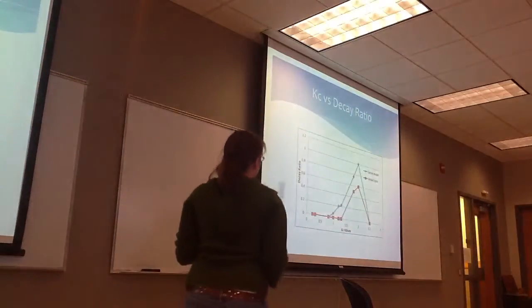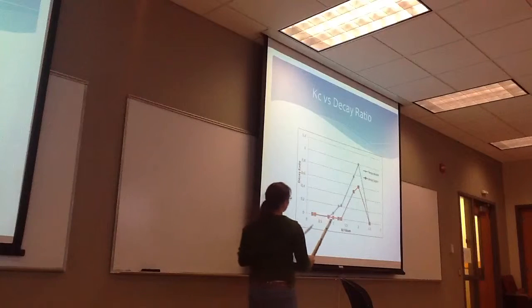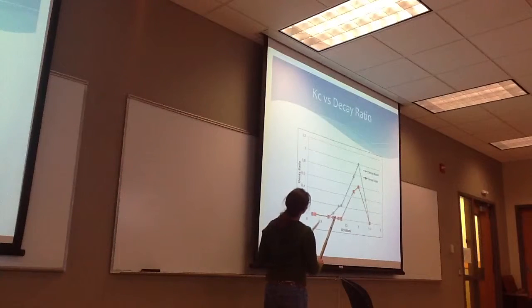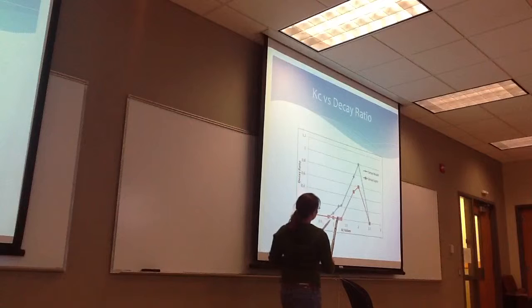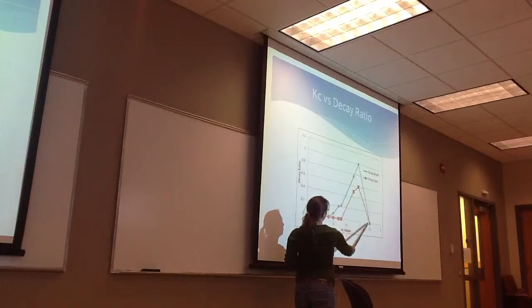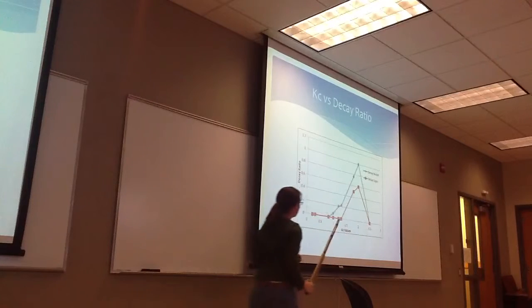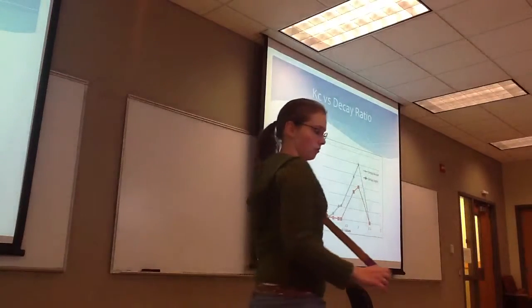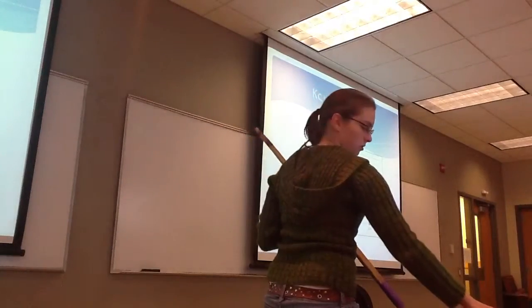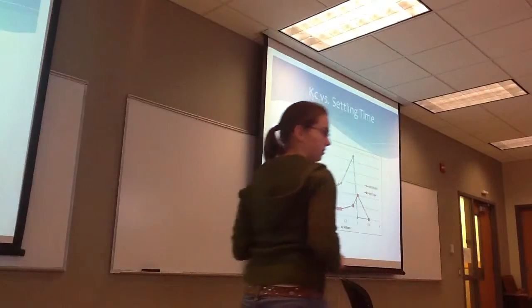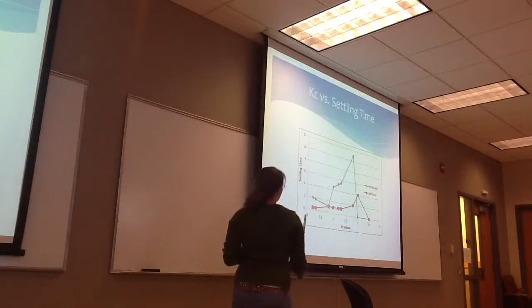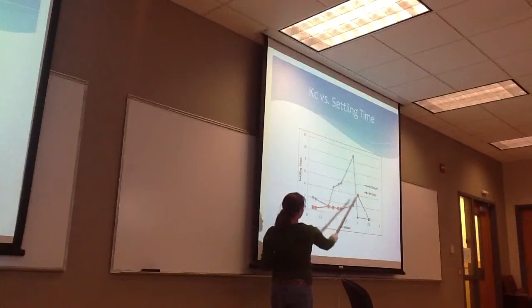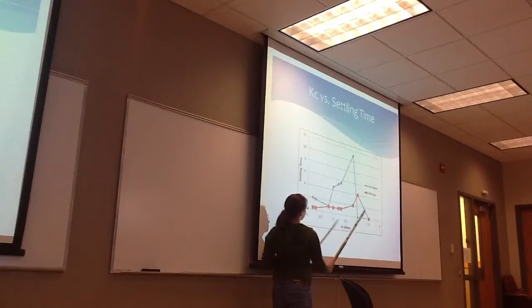This is the experimental decay ratio for proportional only, and then the model for proportional only. Most of the values that are at 0 are because they were not applicable. For the settling time, this blue is the model, and the red is the experiment.